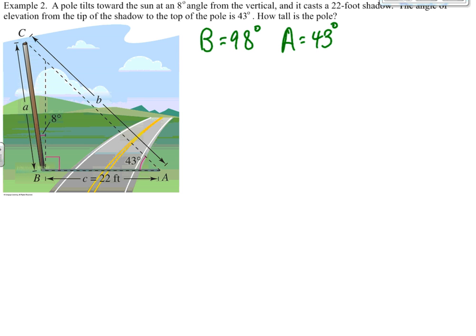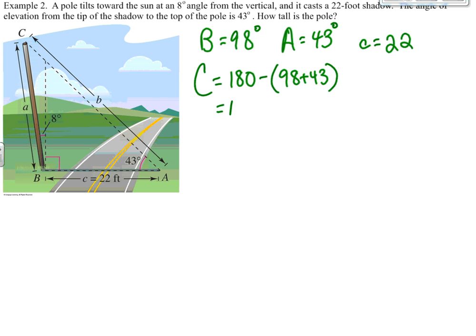And then little c is 22, just to validate what's given in that particular picture. So the first thing that I'm going to find is capital C. So capital C is equal to 180 minus the quantity 98 plus 43. I have those in parentheses. So that's 180 minus 141. So capital C is 39 degrees.